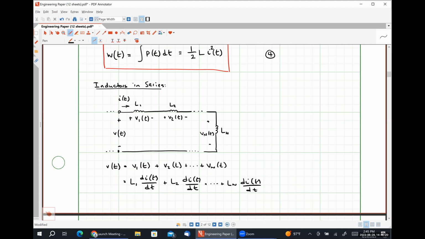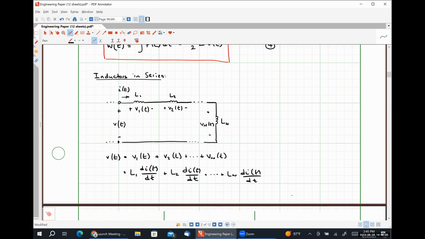And since the current I is the same for all of these inductors, that means that the di by dt term is a common factor. So we'll have L1 plus L2 all the way out to L sub n times di by dt, or LEQ di by dt. So effectively, when we have inductors in series, we can simply add them together, just like we did with resistors.